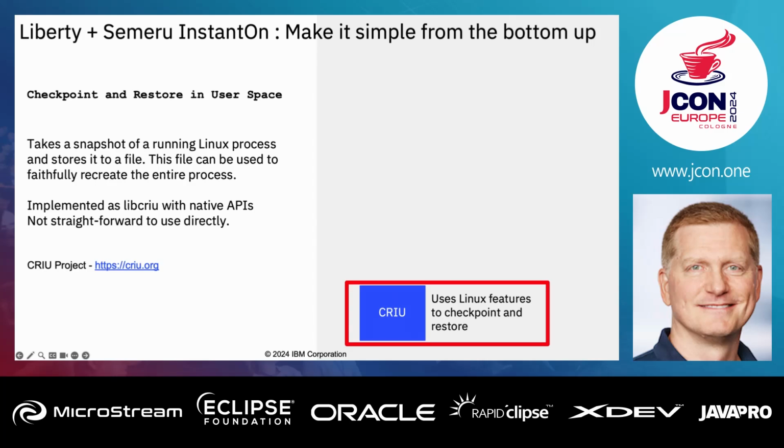All right, so I'm going to go through very quickly just how this stuff all stacks together. At the very bottom of the stack, as I mentioned before, is the CRIU library that's provided at the Linux level. It runs in user space, obviously it's in the name, but it basically just allows you to checkpoint that Linux process and bring it back later on.